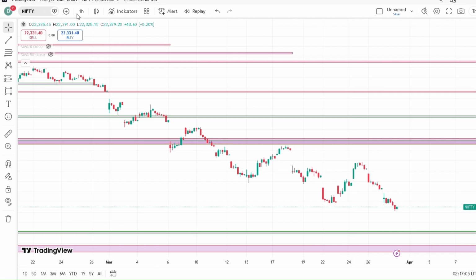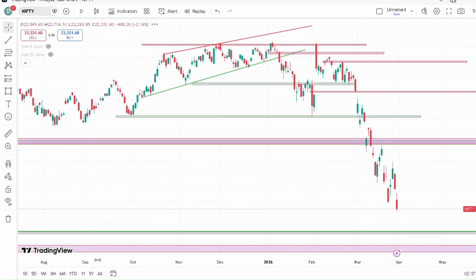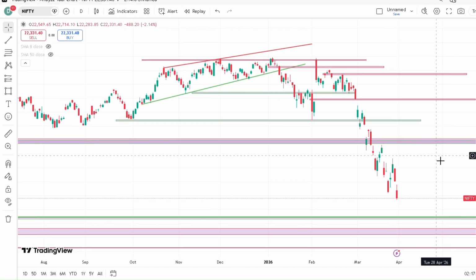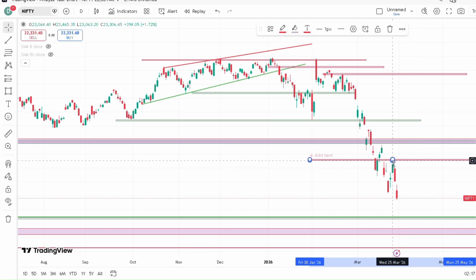Why I chose this range is because, see, this is the previous resistance zone, 24,300 to 500 level.